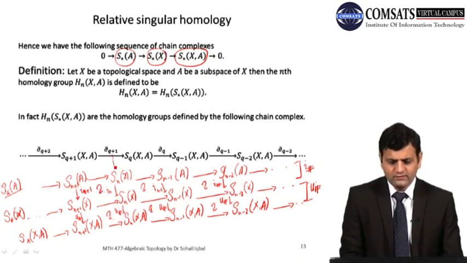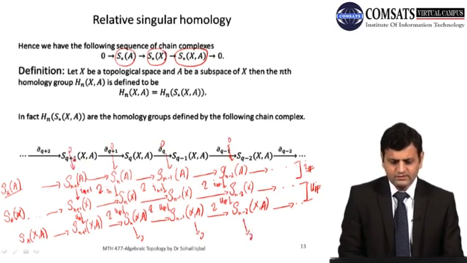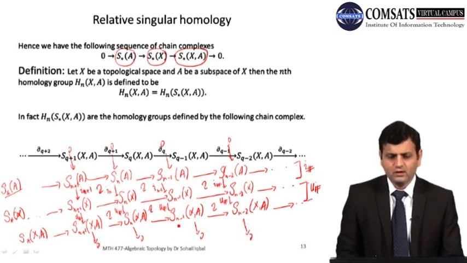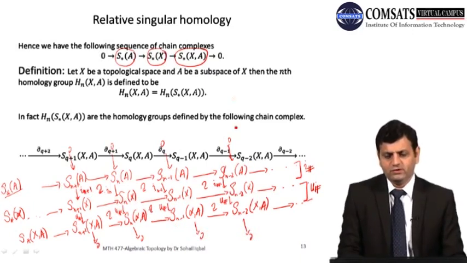And also, if we look at this diagram vertically, then there are zeros on these sides. So in other words we can say that we have a short exact sequence of these singular chain complexes.